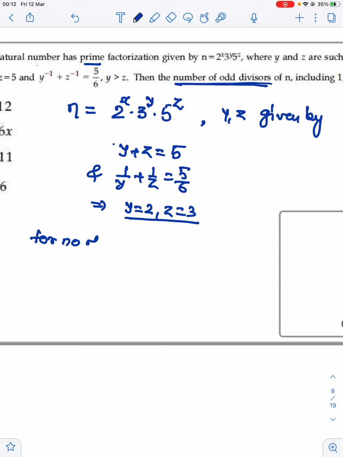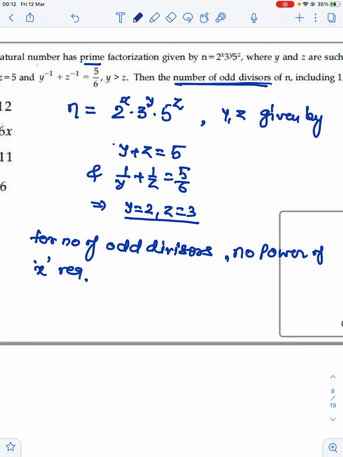For number of odd divisors, no power of 2 is required. So only power of 3 and power of 5 will vary. And power of 3, as I said, y is 2 and power of 5 is z, which is 3.